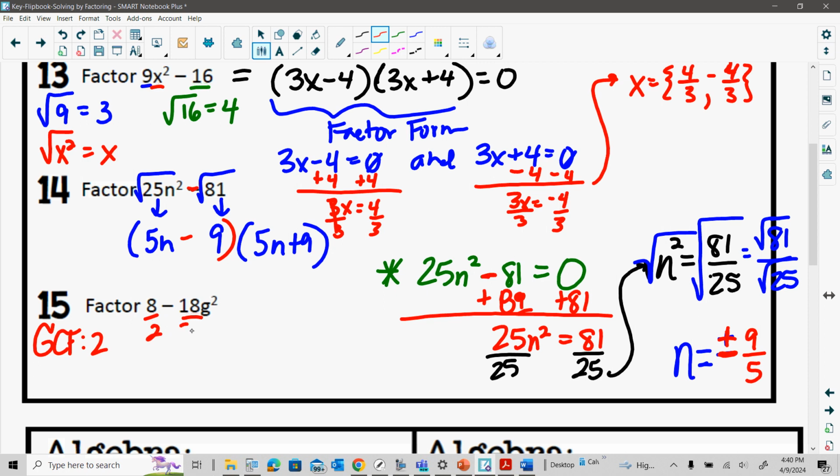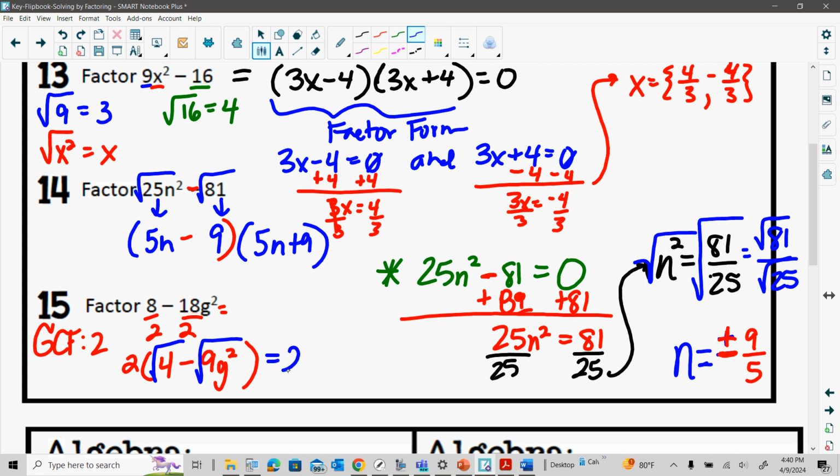So if I divide this by 2, this would actually give me, I'll put it right here, 2 parentheses, this would be 4 minus 9g squared, okay? And now this is a perfect square, number 4, the square root of 4, and this is also a perfect square.